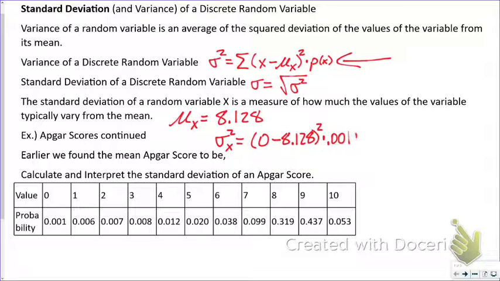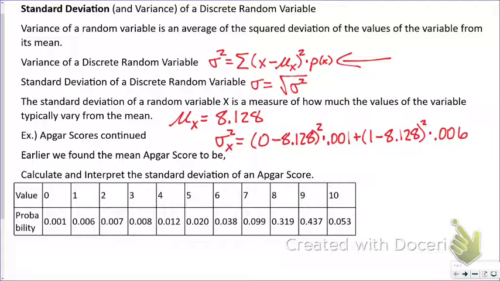Let's try another one. 1 minus the mean, square it, times 1's probability. Maybe one more.